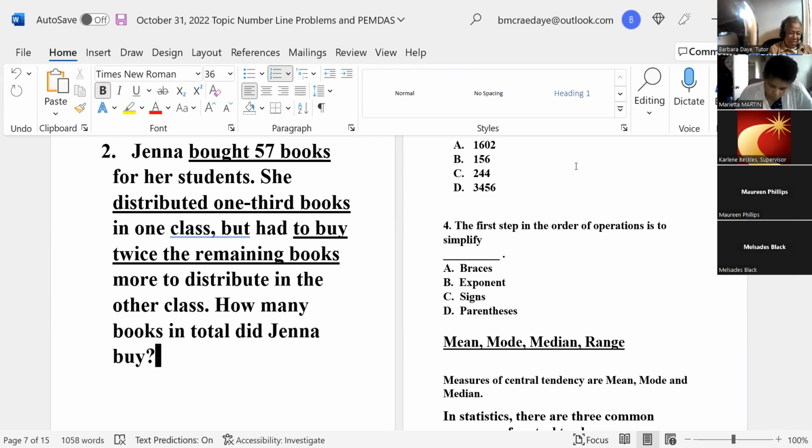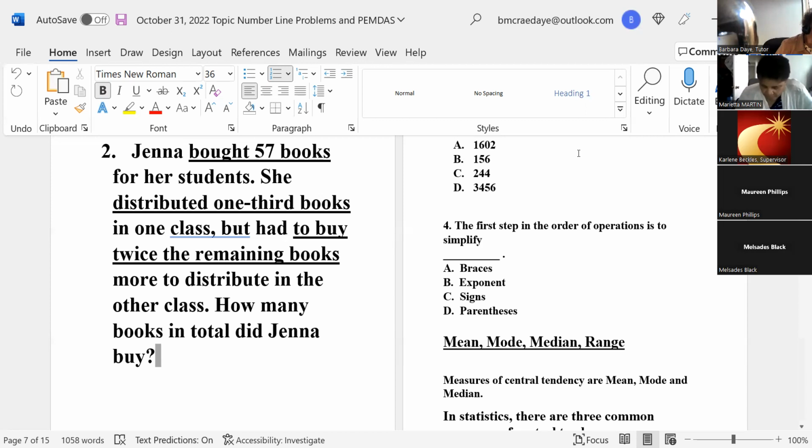No, it says the total books in all, how many books in total? That includes the first set of books. Am I right, Miss Barbara? Yes, it includes the first set of books plus any additional books she bought.